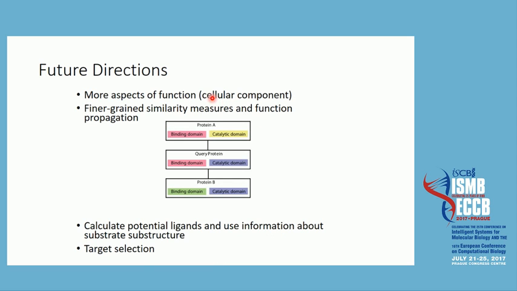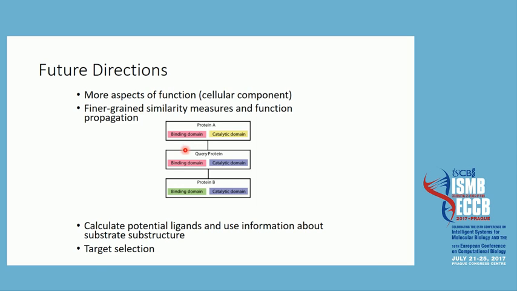Future directions: certainly the most straightforward extension is to also model cellular component. We know cellular component is high throughput and somewhat unbiased, and we know that if there's some enzyme that's happening outside the cell, then it really changes our posterior probabilities of what that molecular function might be.